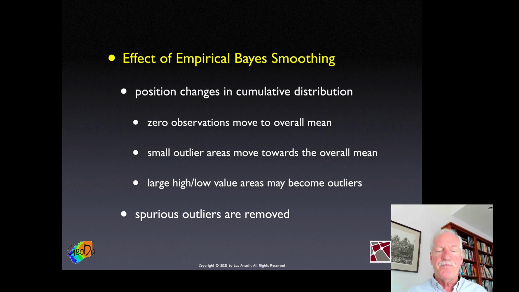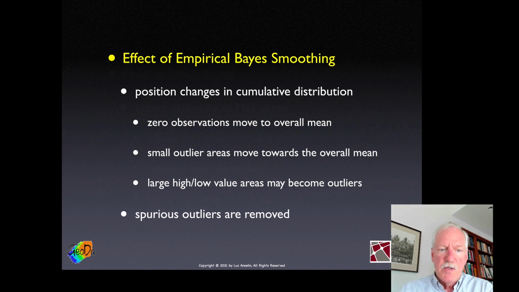So there is a reshuffling of the order of the observations of the rates, where the effect is largest on counties or areal units in general with a small population, with a small denominator in the risk calculation. The bottom line, the most important aspect of the rate smoothing, the empirical Bayes rate smoothing, is that spurious outliers are removed.